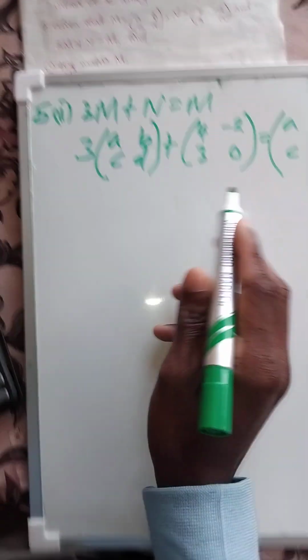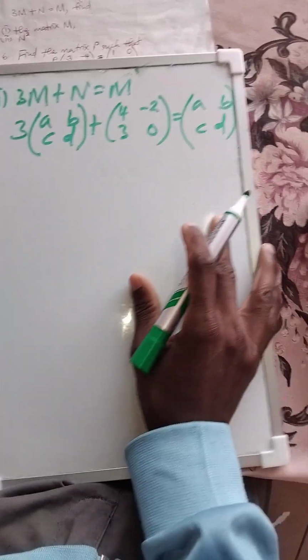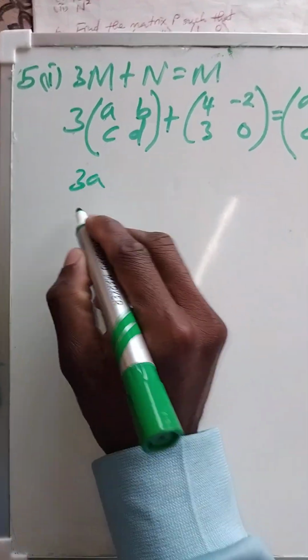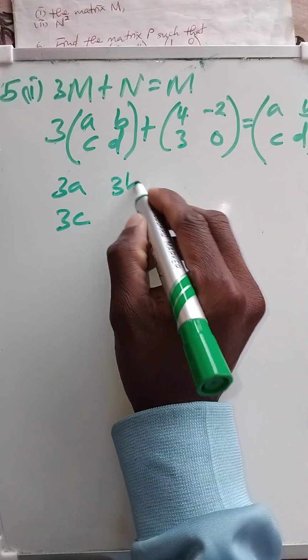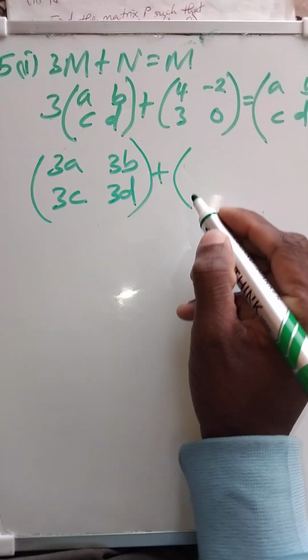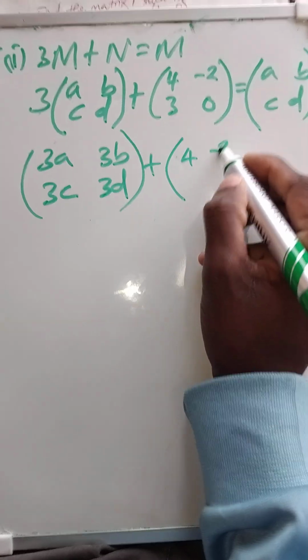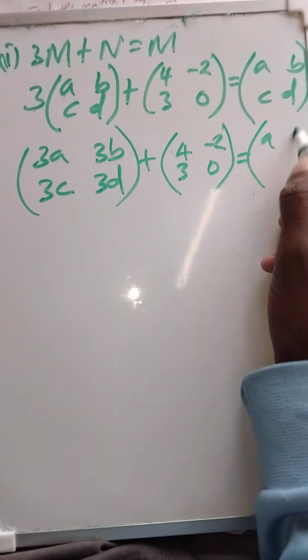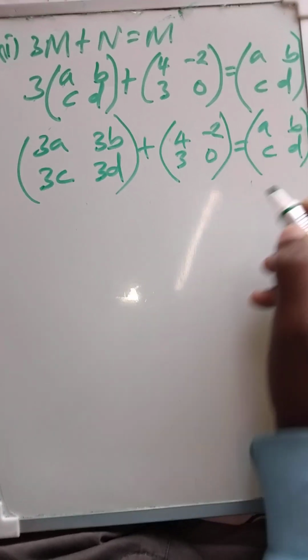That gives 3a, 3b, 3c, 3d plus 4 negative 2 3 0 equal to a b c d.